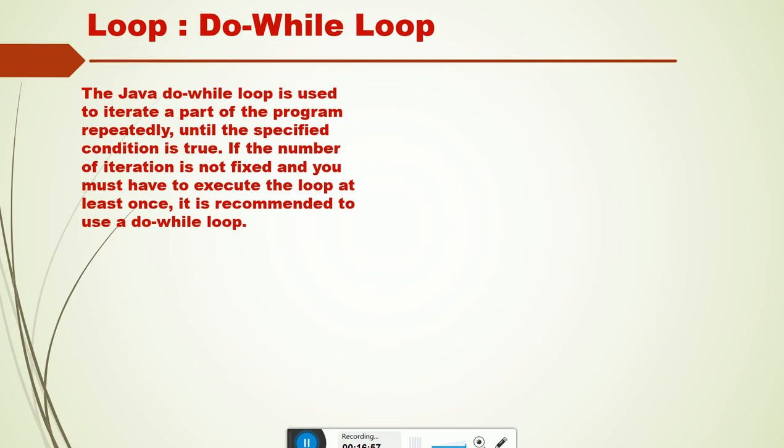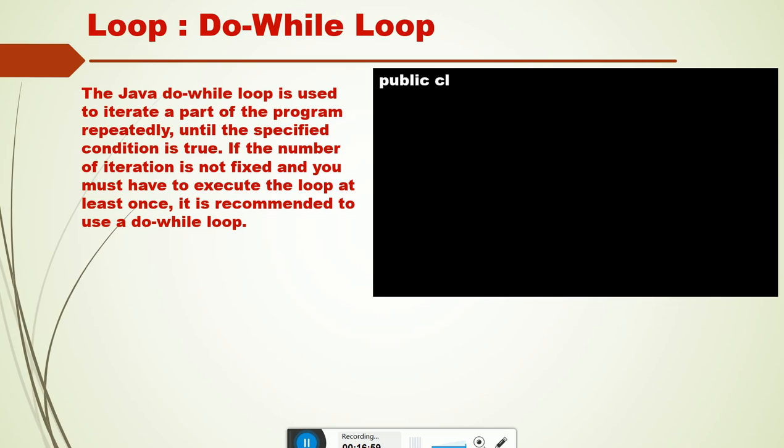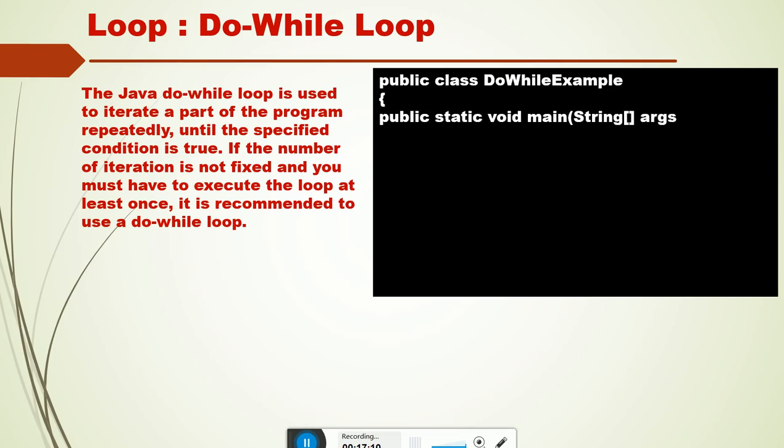See the example. Public class DoWhileExample, name of the class. Inside the class, public static void main, a string array args. Now initialize the value, int i equal to 1, then do.